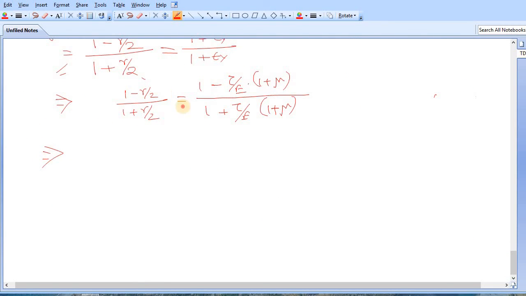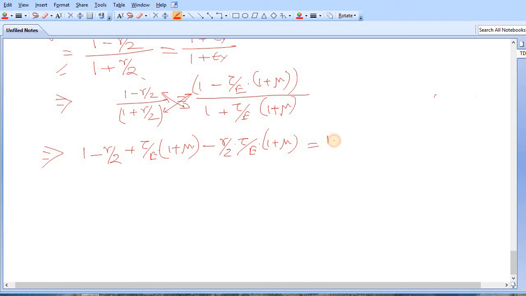Simply we can multiply these two, and this is coming as 1 minus gamma by 2 plus tau by E into 1 plus mu minus gamma by 2 into tau by E into 1 plus mu, and on the right side multiply these two.